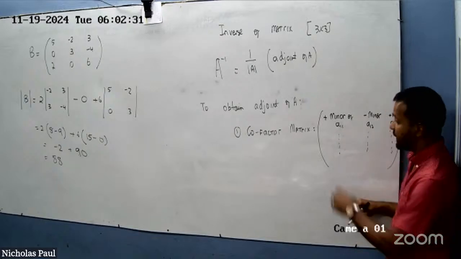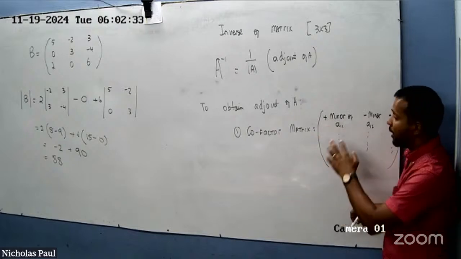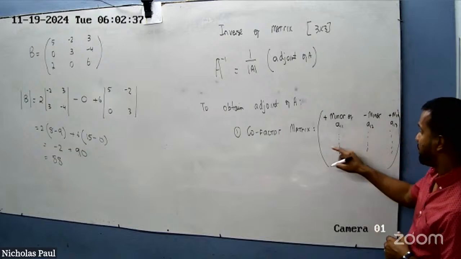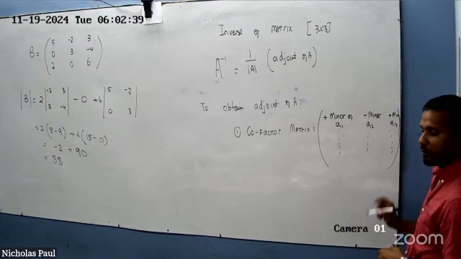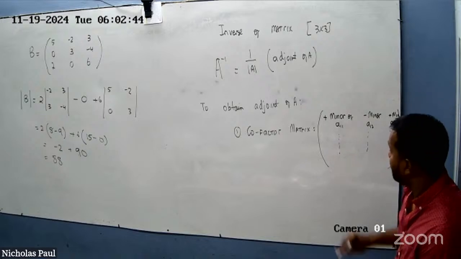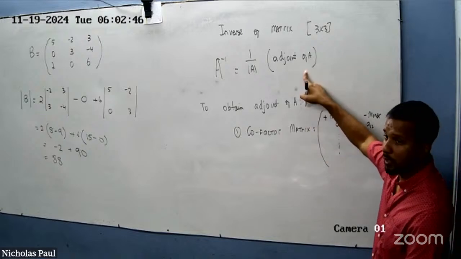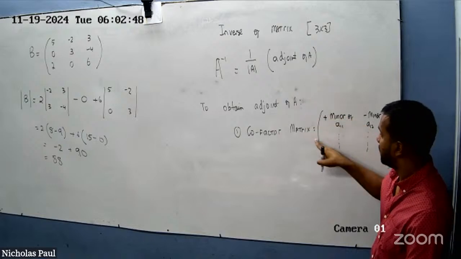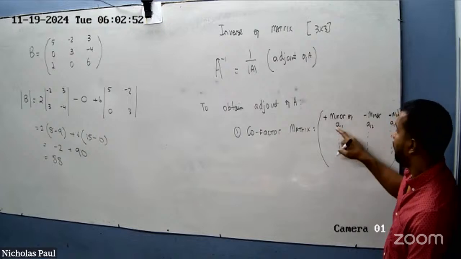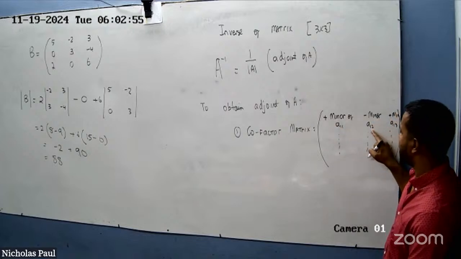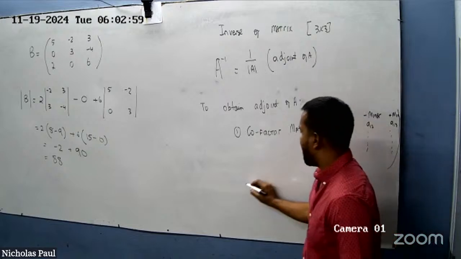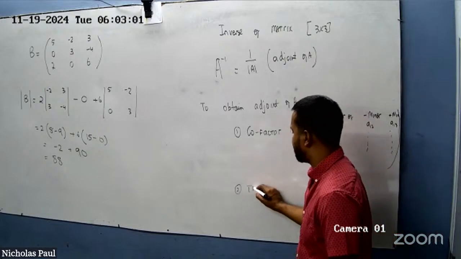The sign matrix is plus minus plus, minus plus minus, plus minus plus. The adjoint: minor of A11, minus minor of A12, plus that. And then after we do that, we have to transpose.